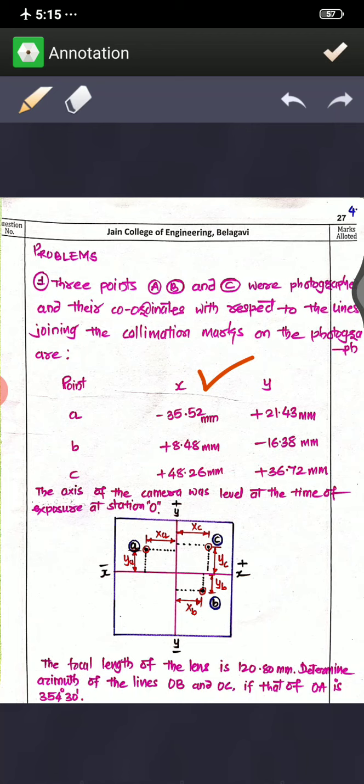At the end, see what they have asked. The focal length of the lens is given, that is 120.80 mm. Determine the azimuth of lines OB and OC if that of OA is given. The azimuth of line OA is given, that is 354 degrees 30 minutes.